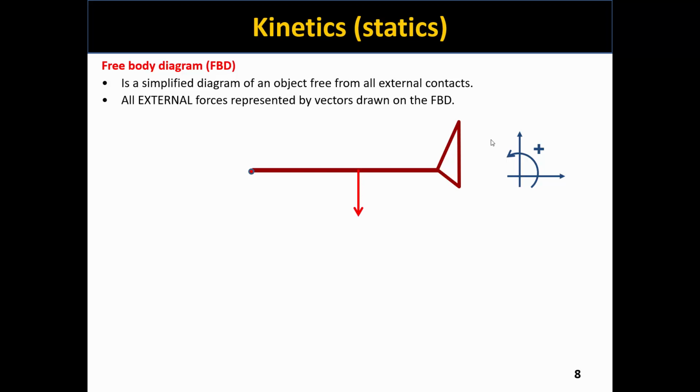So I'm going to go ahead and start adding in vectors, and the first vector we always add in is the weight of the system of interest. Now we know that every single element of the lower leg and foot has a weight, but we draw this at what's called the center of mass, and we always draw this representation of the weight of the system perfectly vertical and going down.